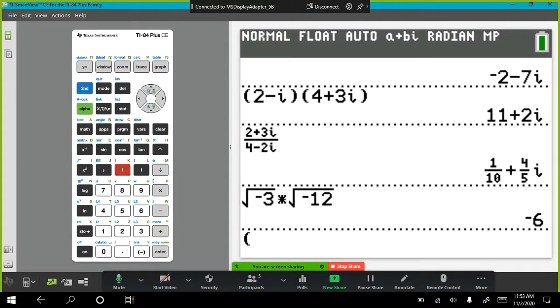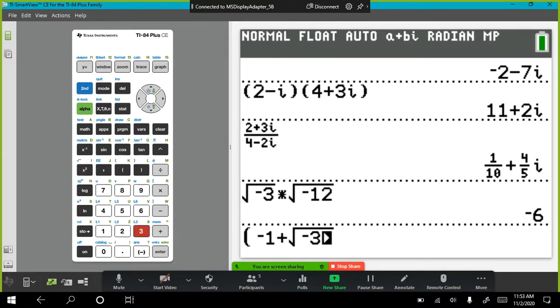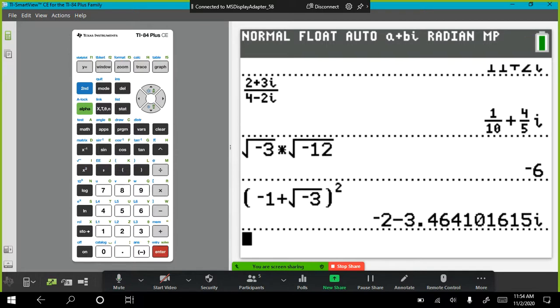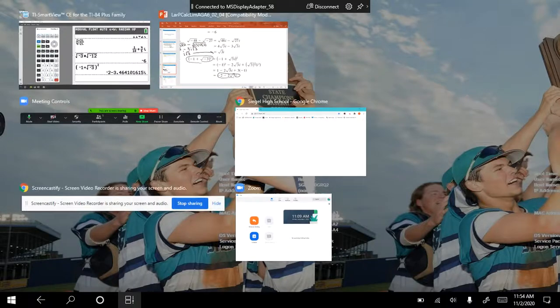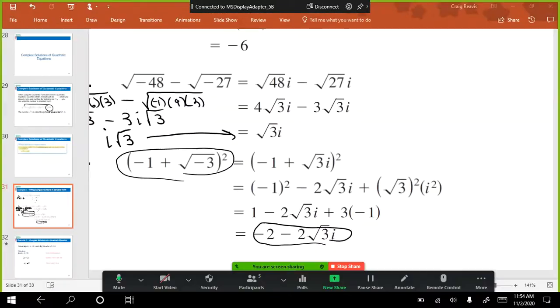I think this might give us a decimal, which is not what we want. Yeah, you see how the calculator will not leave it in square root form. It puts that big decimal, which is not what we want. So let's go back to that problem, because you may see one like that on your assignment. Let's step back through that.